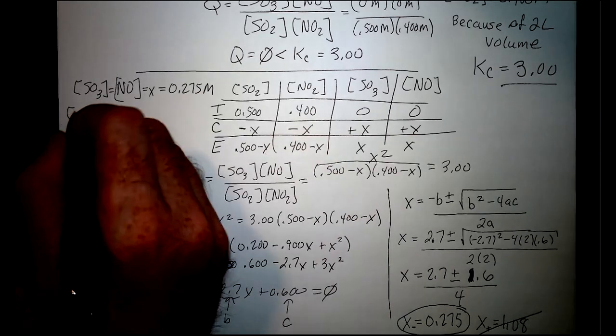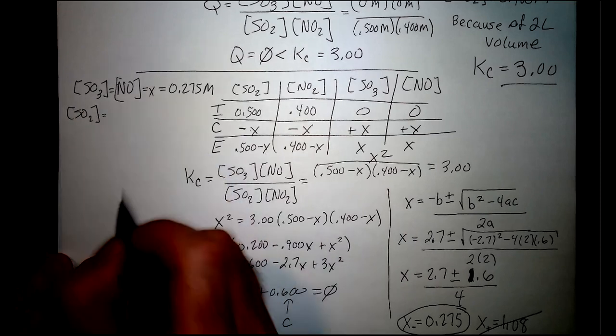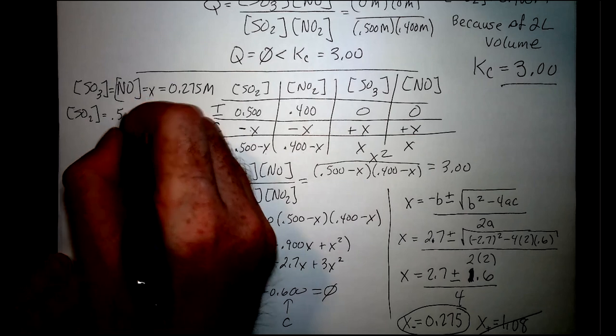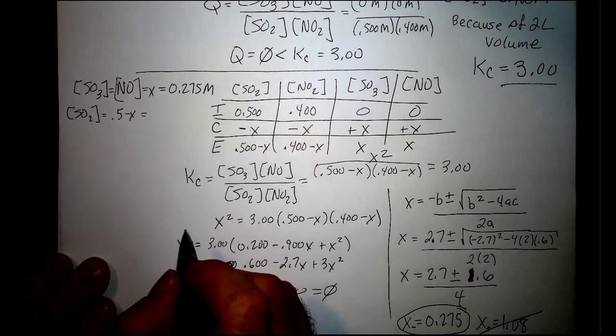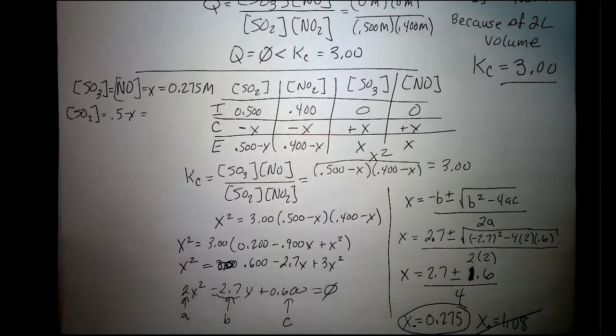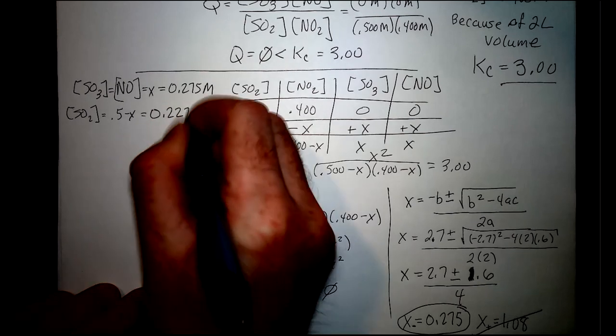The concentration of SO2 is equal to 0.5 minus x, so 0.5 minus 0.273, we get 0.227 molar.